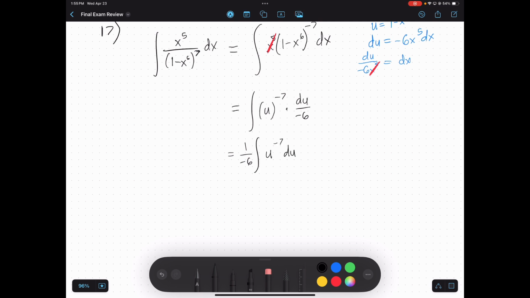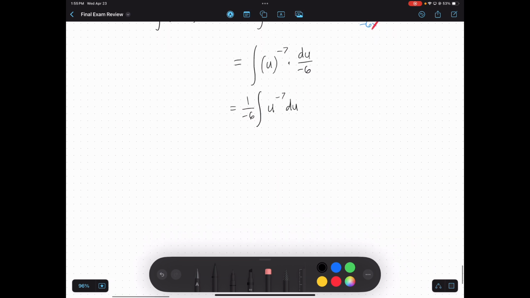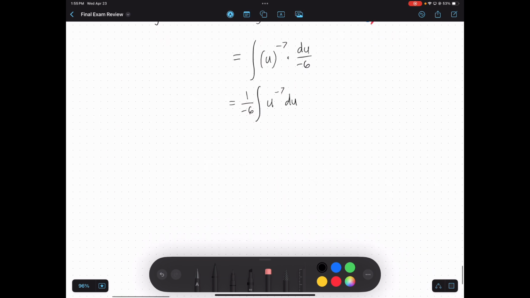But now, this is where it's nice that we already moved the fraction up to the numerator, because now that's just a power function, and I can use my power rule for integration on that. So I get 1 over negative 6 times u to the negative 6th over negative 6.